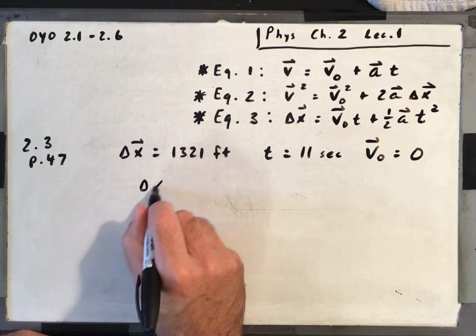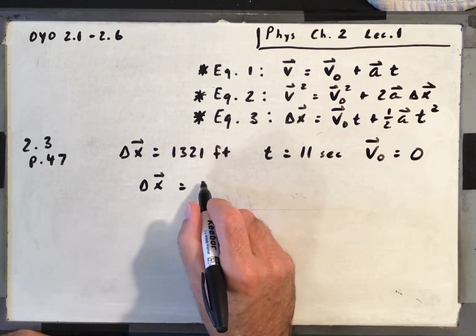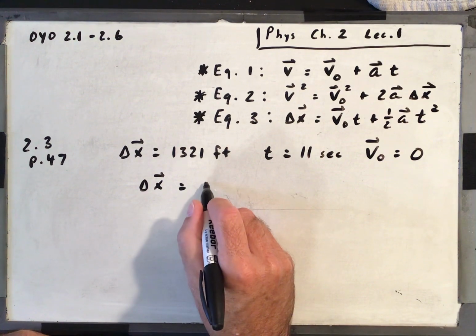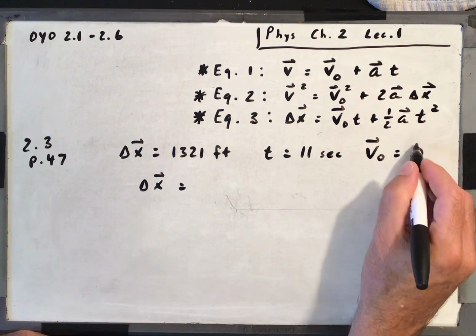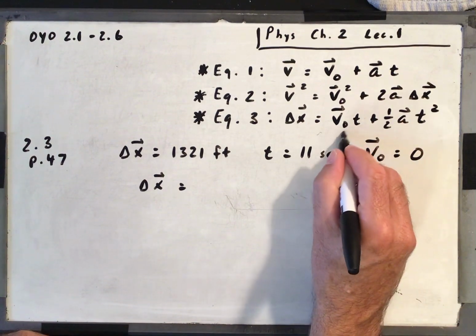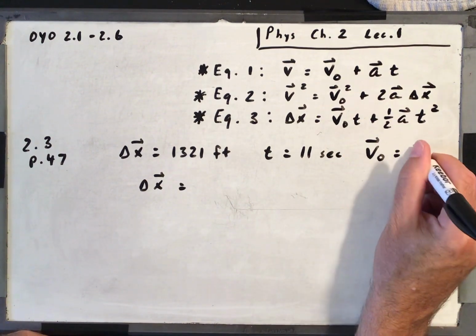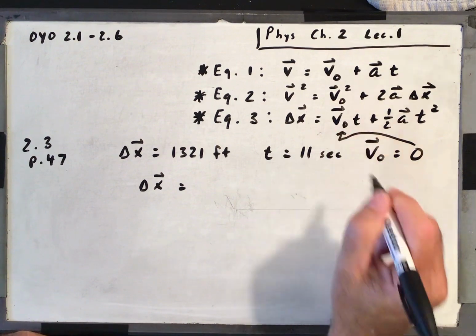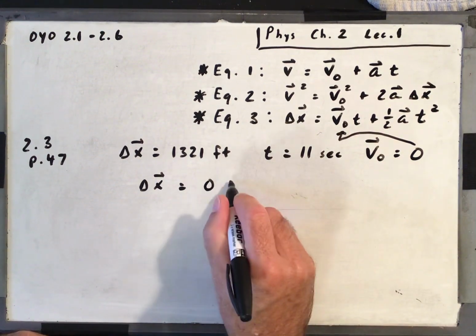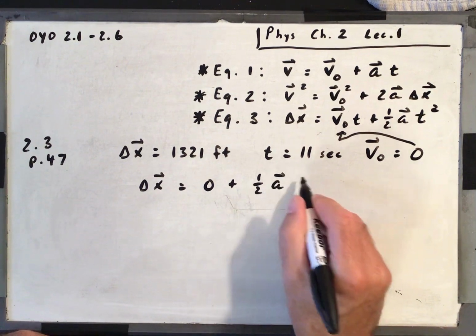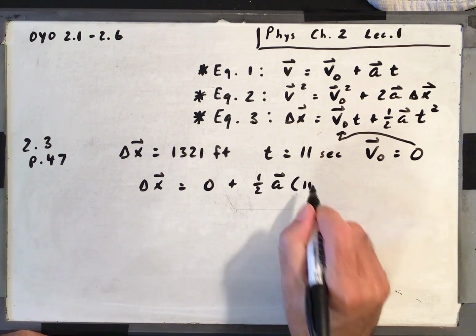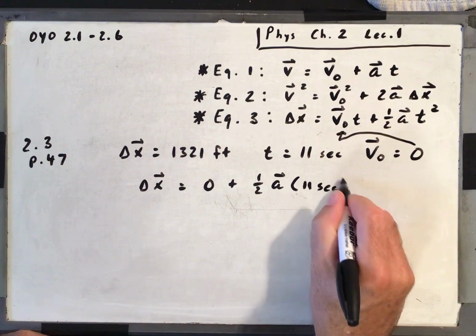So delta x is equal to v naught. Initial velocity is 0, right? So that makes that whole section 0. So that's going to be 0 plus 1/2 times acceleration times 11 seconds squared.